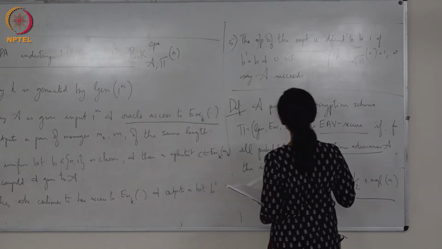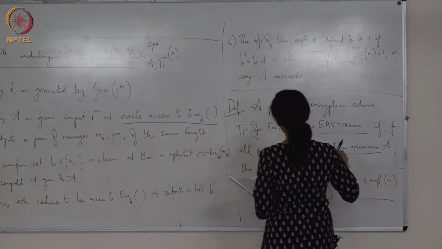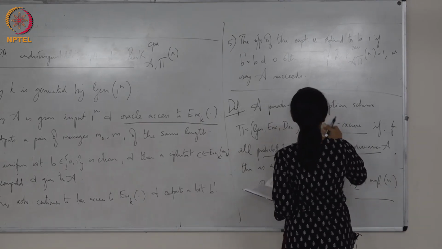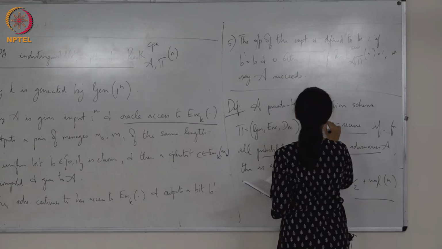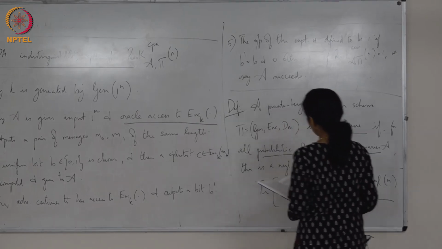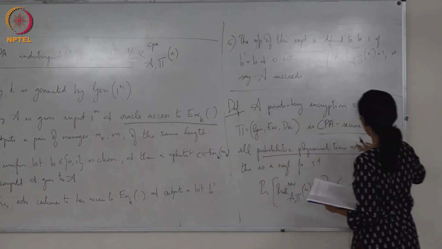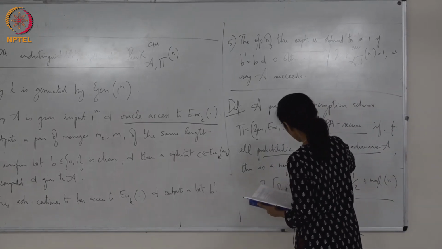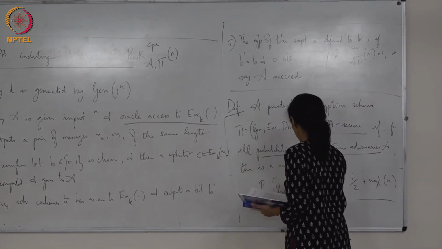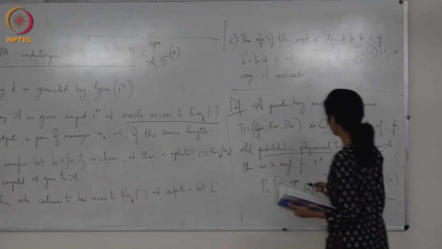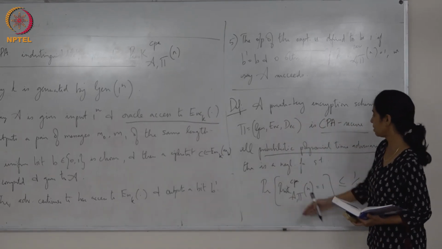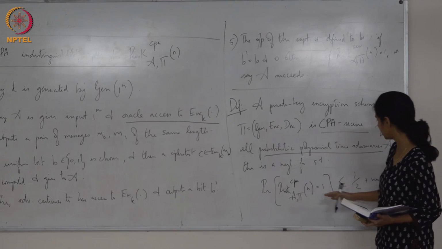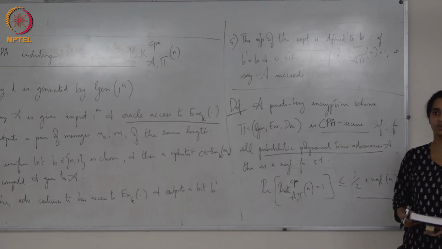Okay, so a private key encryption scheme pi is CPA secure, or has security under chosen plaintext attacks, if for all probabilistic polynomial time adversaries A, there is a negligible function such that the probability with which adversary A can succeed in the experiment PrivK^CPA_{A,pi}(n) is at most half plus negligible.